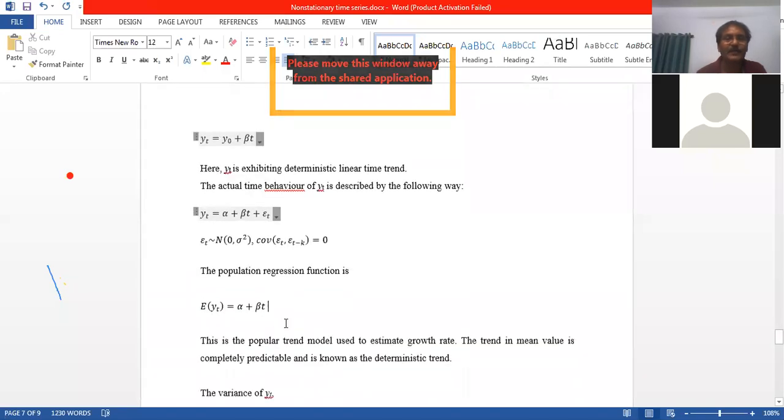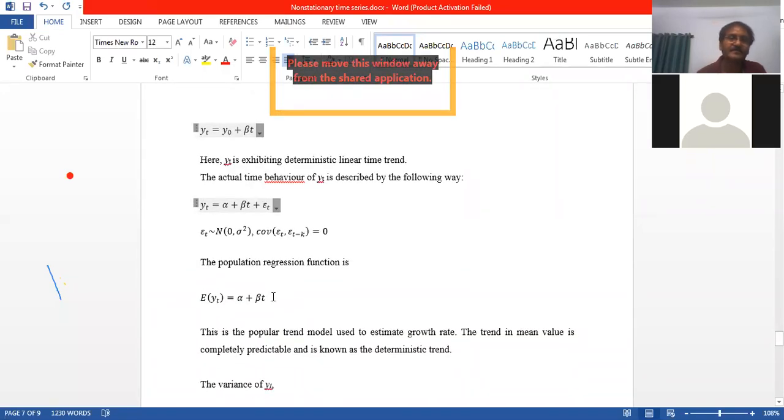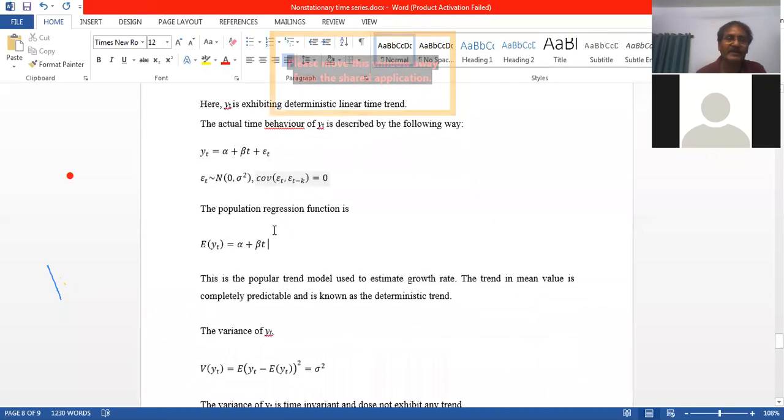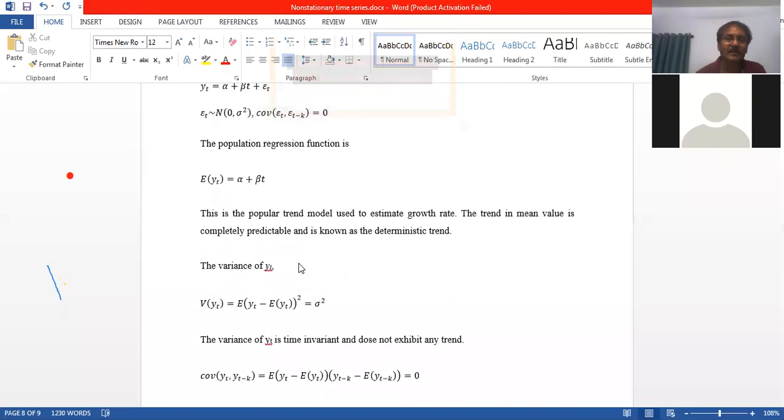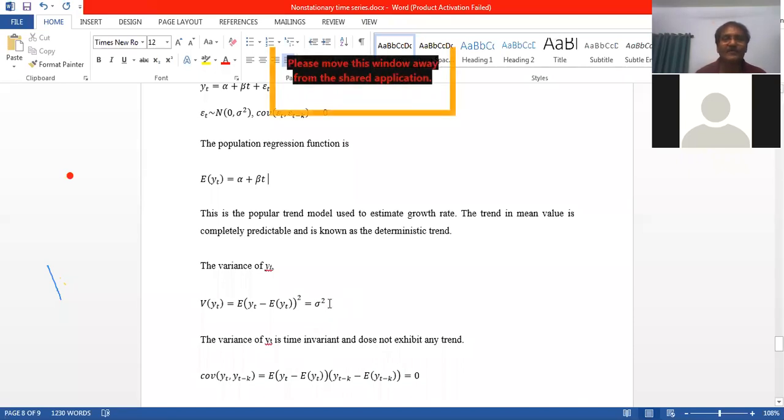Now if we calculate the variance, yt is equal to this, you can calculate the variance by applying the formula for variance in this way. You will get the variance of yt is equal to simply sigma square. That is, there is no time component in the variance.